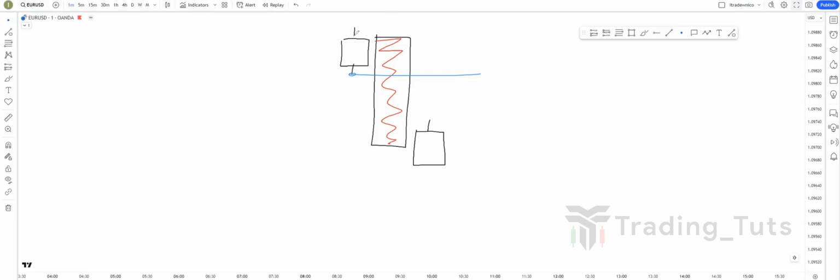But since you have to know that this is not only an imbalance fill, but also an order block, you have to consider that by marking up these levels. Because remember, that's also an order block. So you can mark up your body and your unmitigated wick, even if it's an imbalance fill. Now remember, not every imbalance fill is going to be an order block, but most imbalance fills are going to be also order blocks.